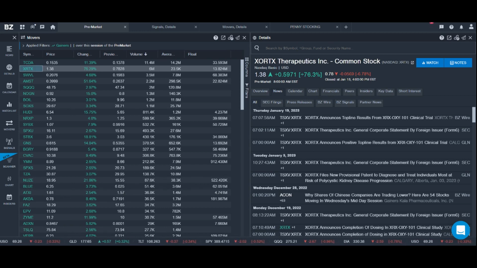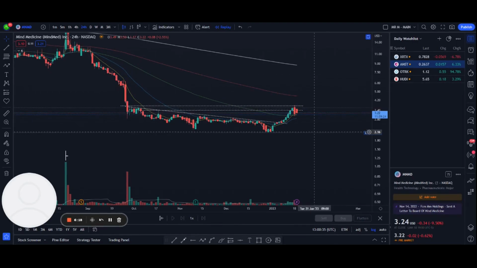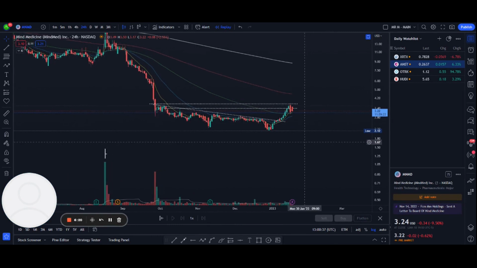All right, so once we've looked at the unusual volume or high volume stocks in the pre-market, what I do next is add all of these that I'm interested in to the daily watch list in my TradingView. I already have that over here.